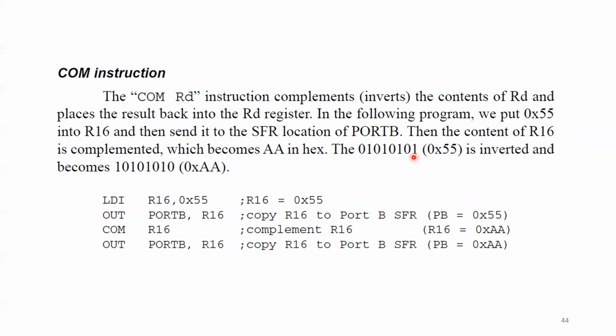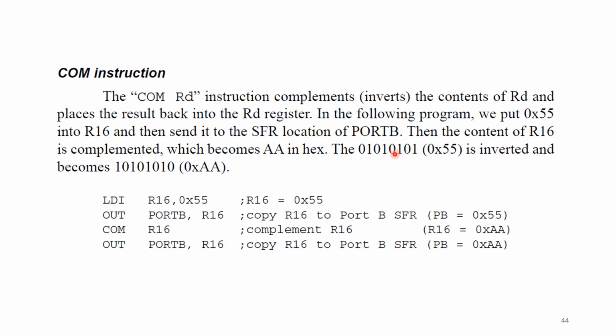We can see how it is complemented. For instance, the 55 means 0101, and another 0101 for the other 5. So this is now 55. If you complement, the first 0 becomes 1, then 0, then 1, then 0. So 1010 is A, which means here you have 2 and here you have 8.